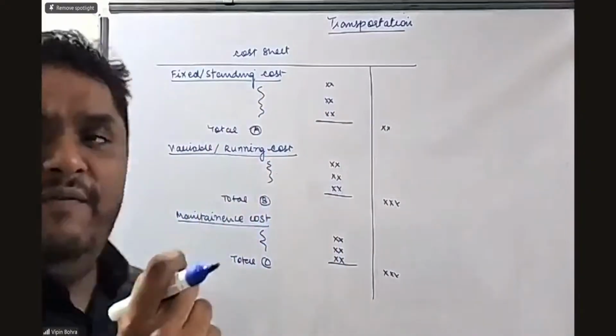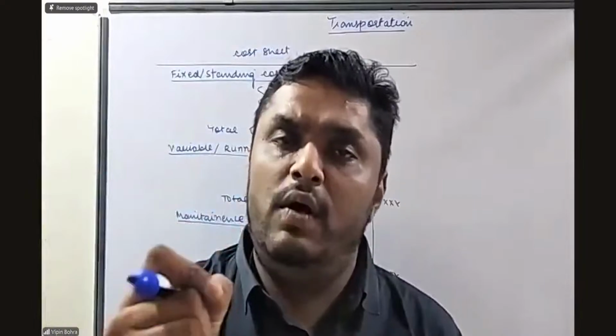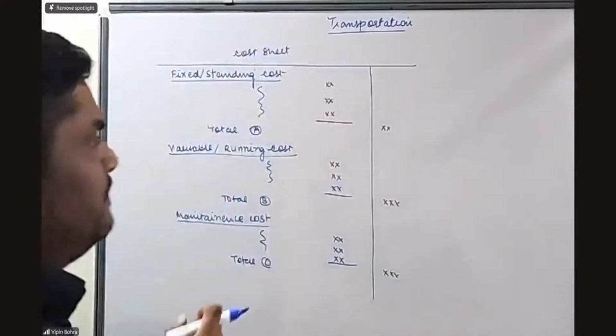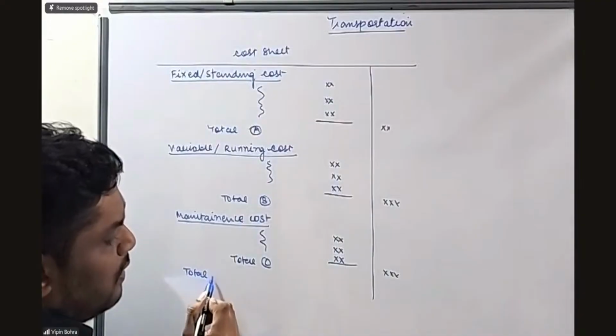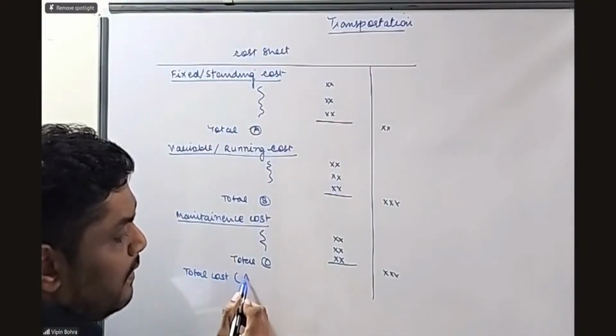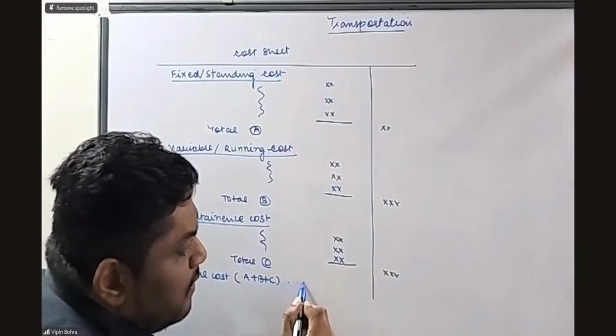So ultimately, we have to divide the cost in three parts, that is fixed cost, variable cost, and maintenance cost. So the total of these three will be my total cost. That is A plus B plus C.